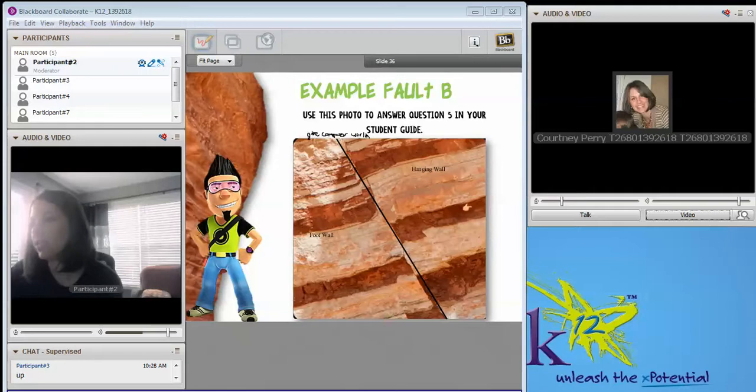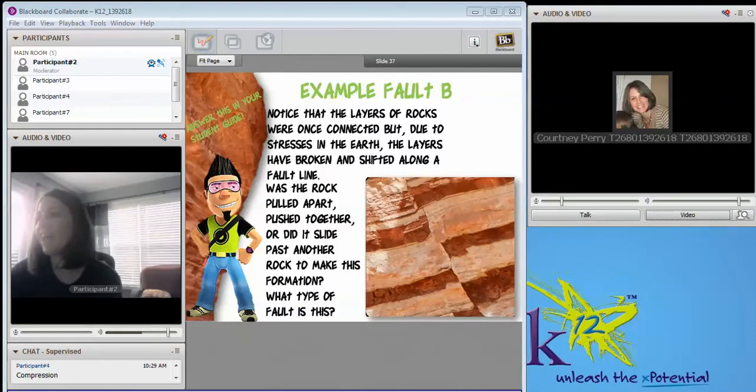Good. Up. These two lines used to be connected, so we can see that our hanging wall has moved up. So what kind of fault is this? Reverse. Awesome. And what type of force did this? Compression. You guys are on a roll.